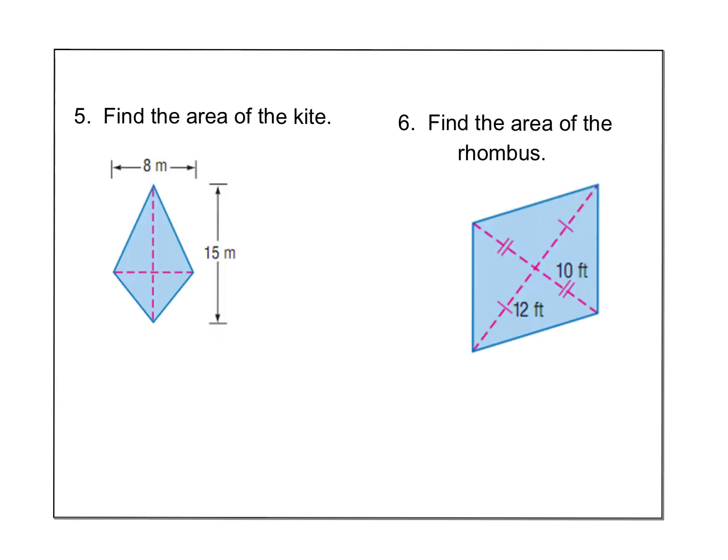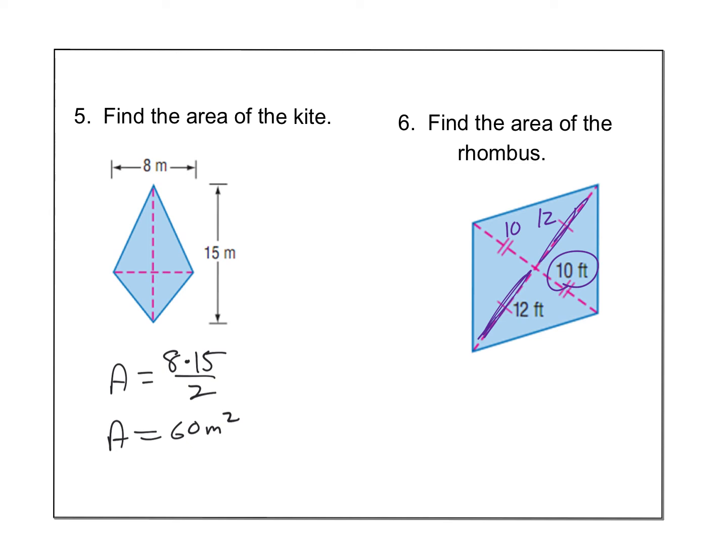So for number 5 here, very simple, 8 times 15 divided by 2. That answer will be 60 meters squared. That's it. For this rhombus over here on the right, this is 10, that makes this 10. This is 12, that makes this 12.